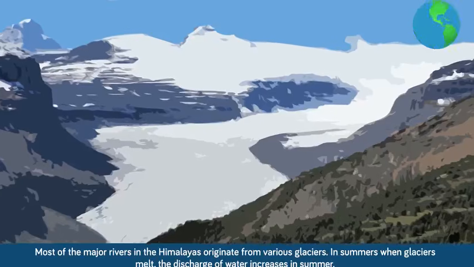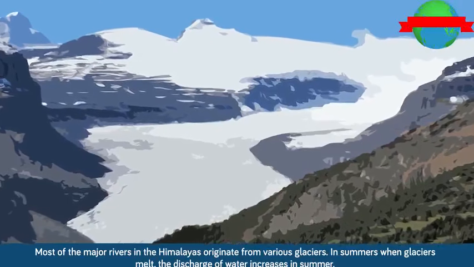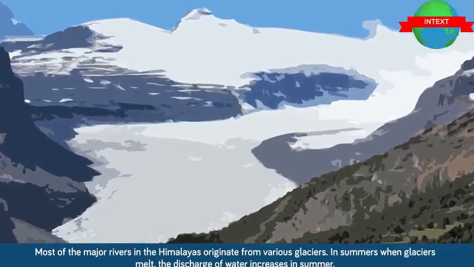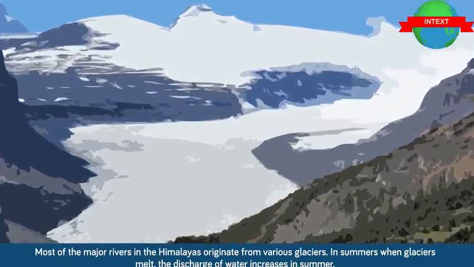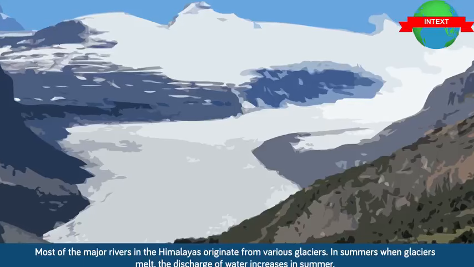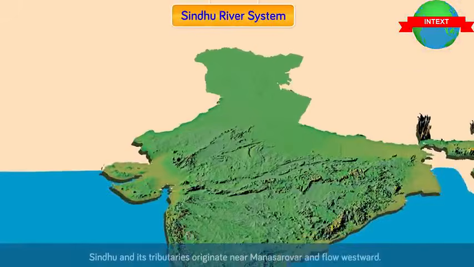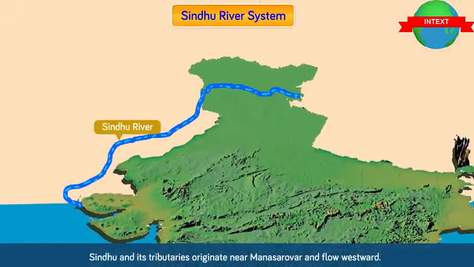Most of the major rivers in the Himalayas originate from various glaciers. In summers, when glaciers melt, the discharge of water increases. A. Sindhu river system. Sindhu and its tributaries originate near Mansarovar and flow westward.